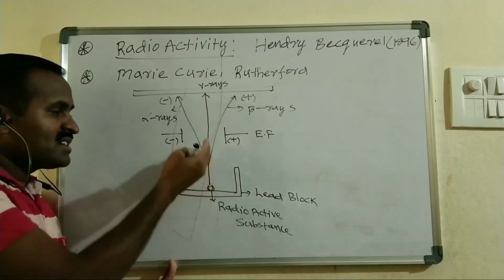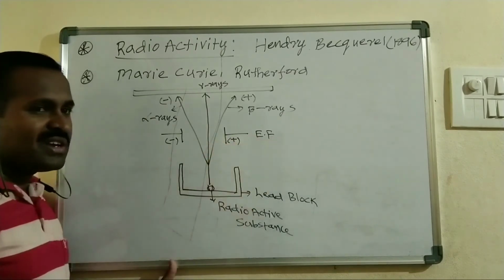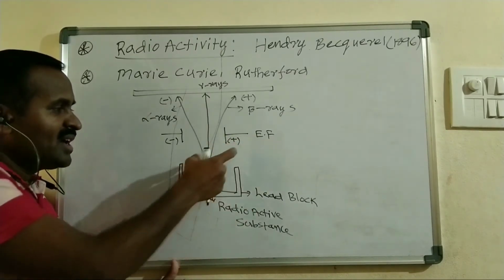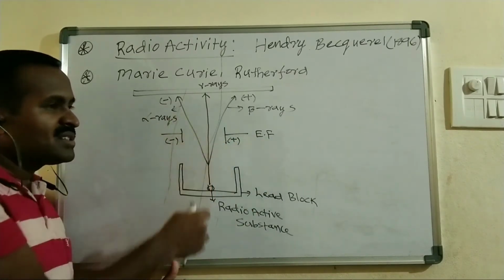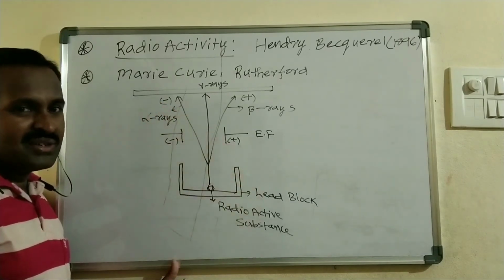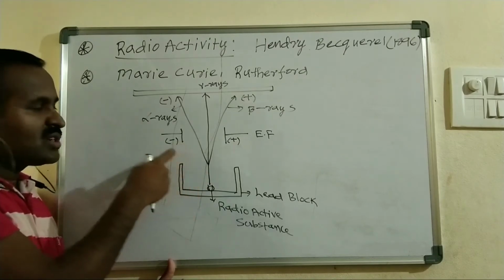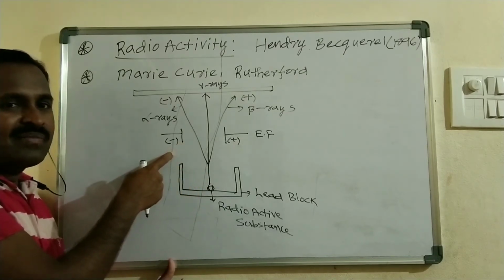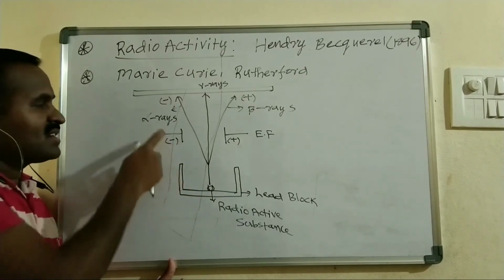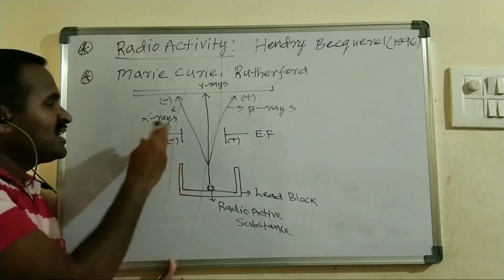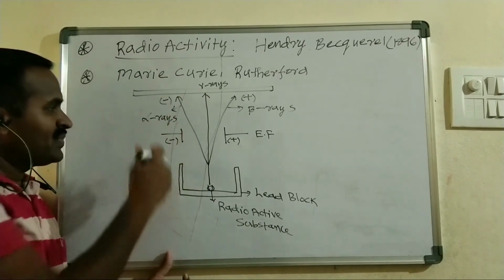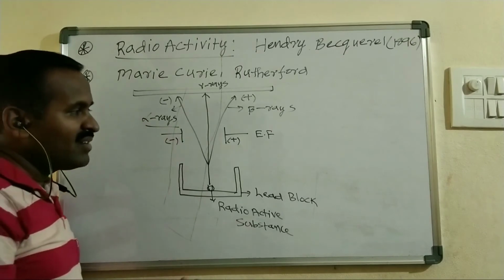In the direction of this radiation, an electric field and a magnetic field are placed, and it can be resolved into three directions, right? The radiation moving towards the negatively charged plate is called alpha rays.